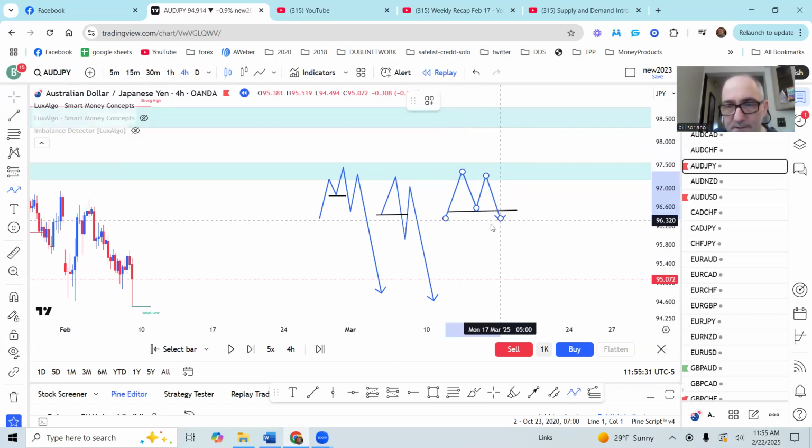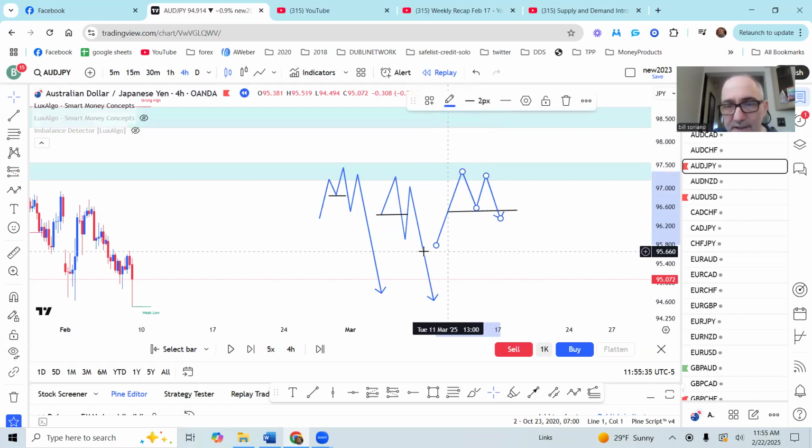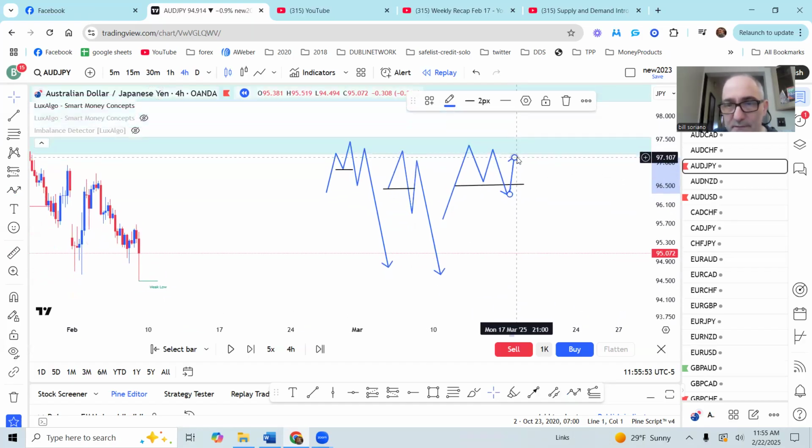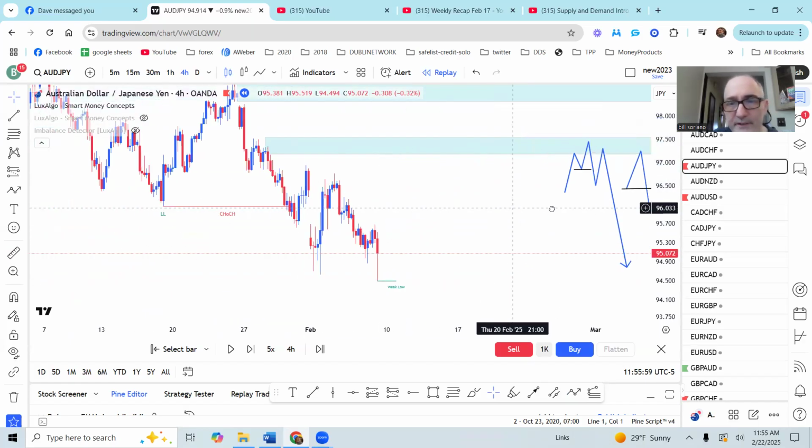Just make this a little bit lower here. So here's actually your change of character down here because you didn't make a new high. So some people may now try to identify a refined supply zone here, and then of course what happens is they put in their limit order and then price just shoots up and goes higher and stops them out. So those are a couple things that can happen.